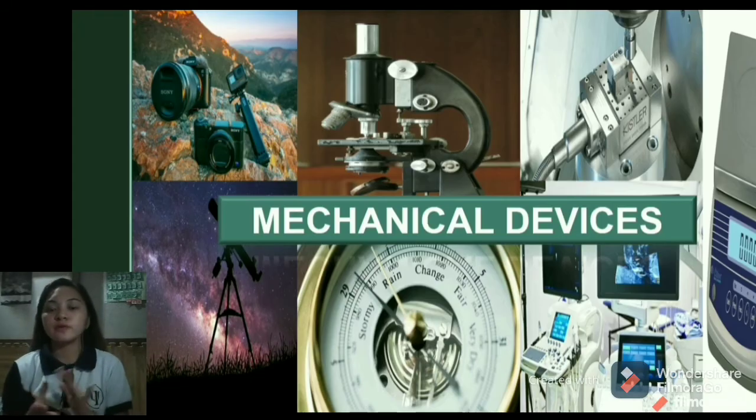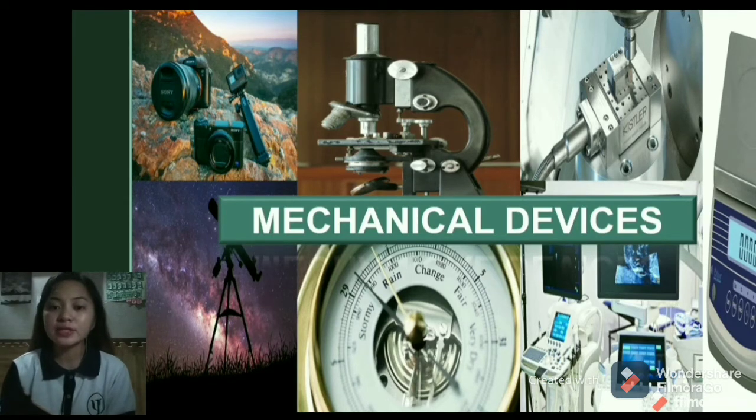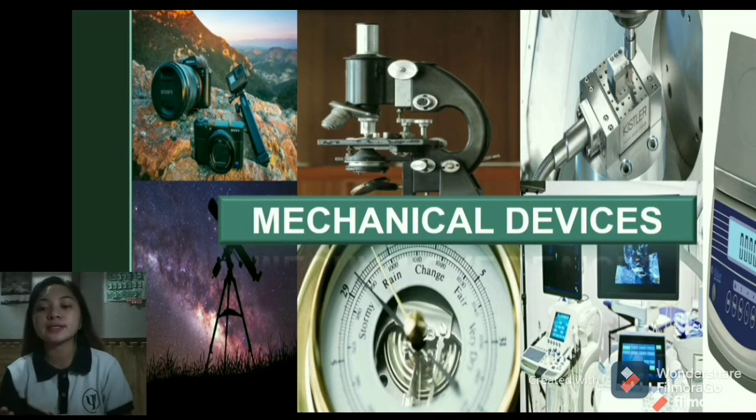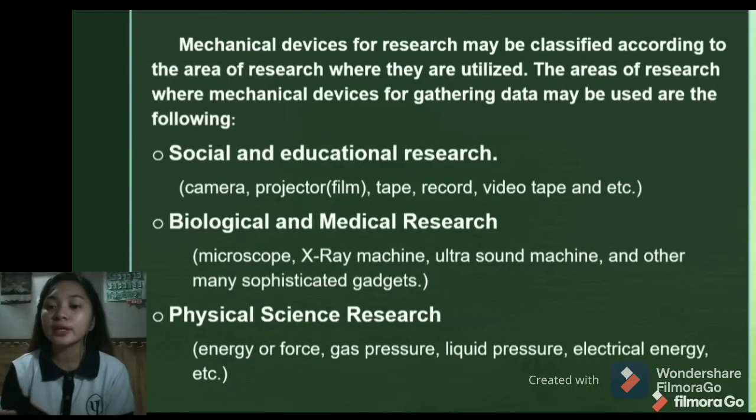So now let's move on to the mechanical devices. Mechanical devices for research may be classified according to the area of research where they are utilized. The areas of research where mechanical devices for gathering data may be used are the following. First is the social and educational research.